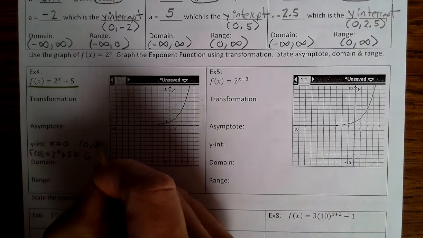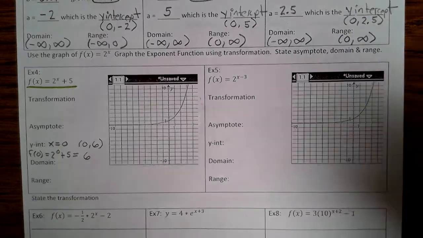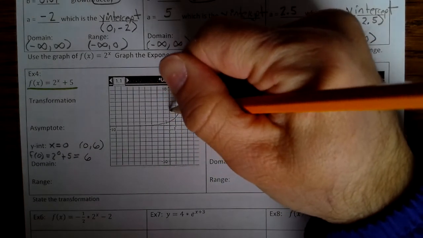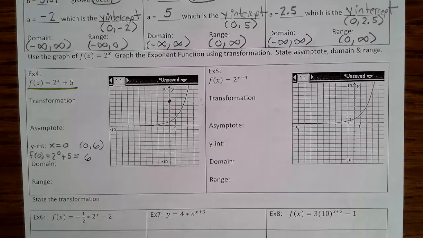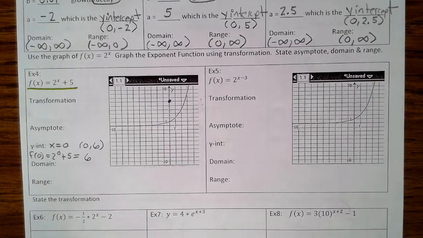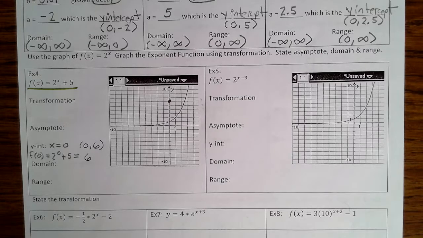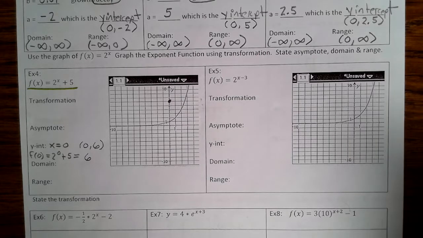So that's 1, 2, 3, 4, 5, 6. Now our asymptote is y = 5. That number right there is our asymptote.